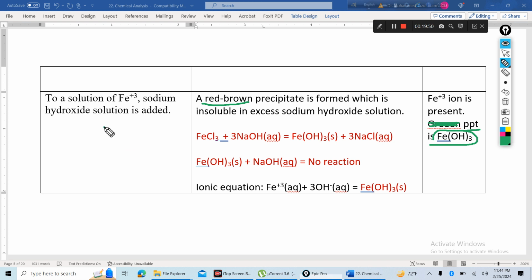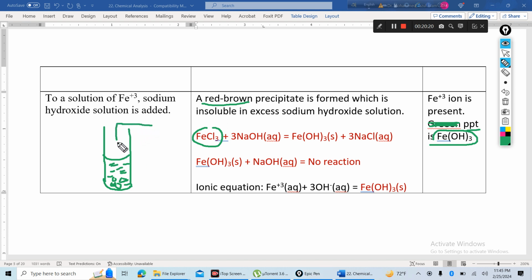How will you do it? At first you will take a test tube, then take some iron 3 compound or iron 3 salt, here a solid salt. After that you add distilled water. If you shake, a solution of iron 3 chloride, or iron 3 ion, will be prepared.